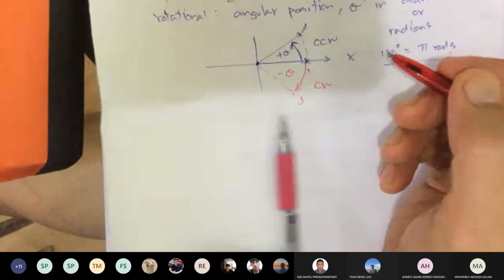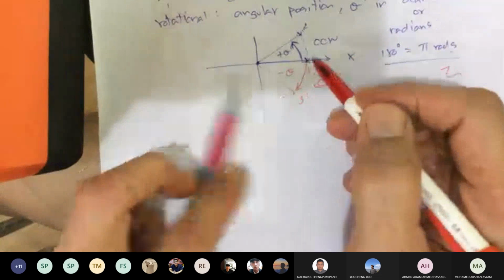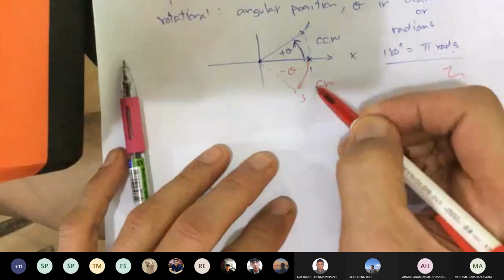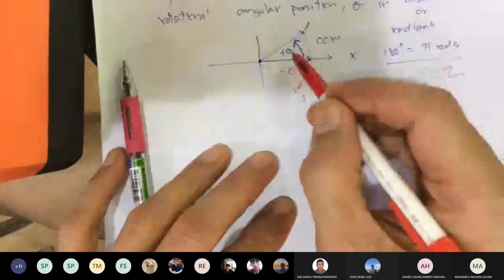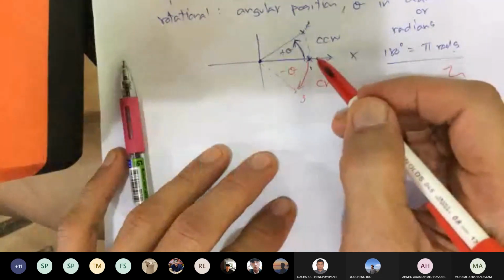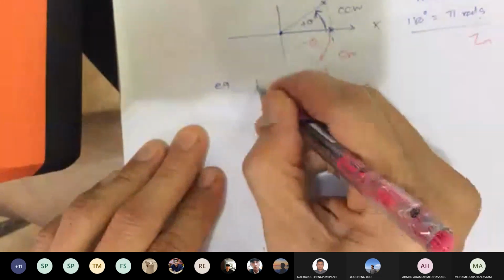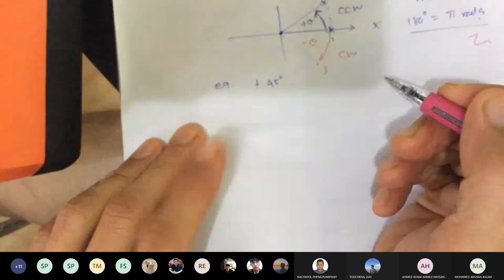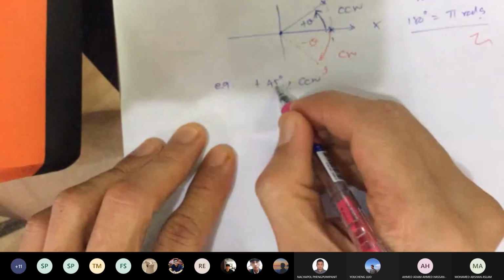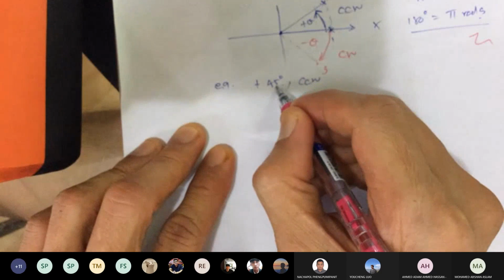So what is useful about this is that I don't need to tell my direction. I can only see the sign of theta and I would know which way I'm moving. For example, I can move plus 45 degrees, so I would know that I'm spinning in a counterclockwise direction, 45 degrees.